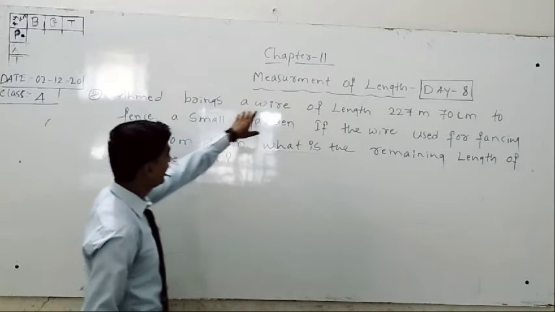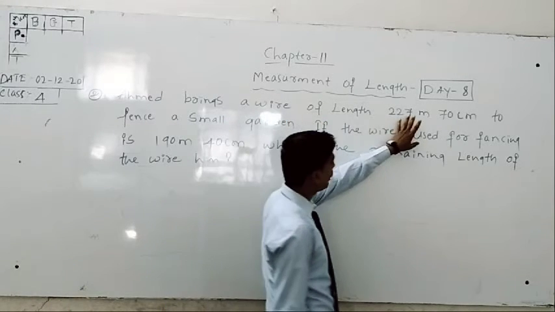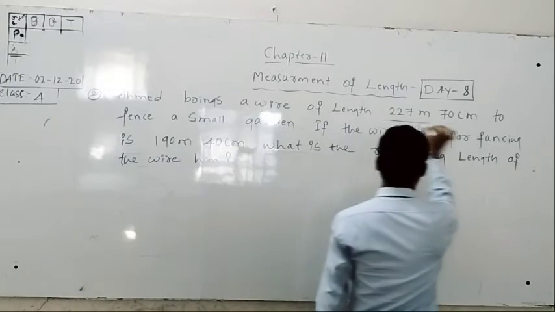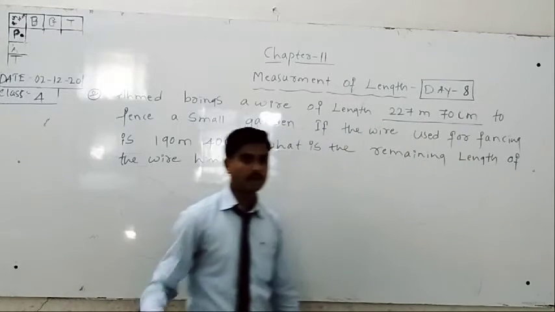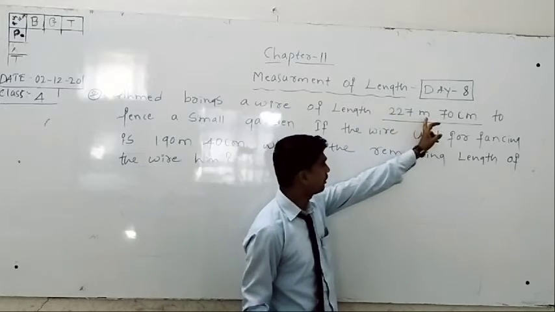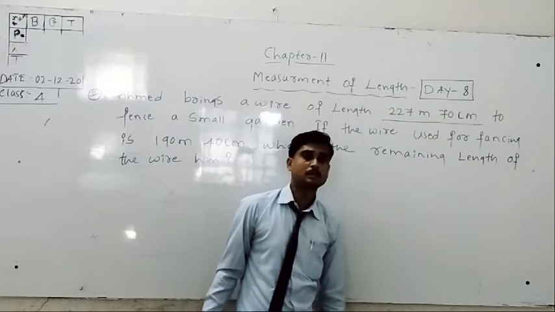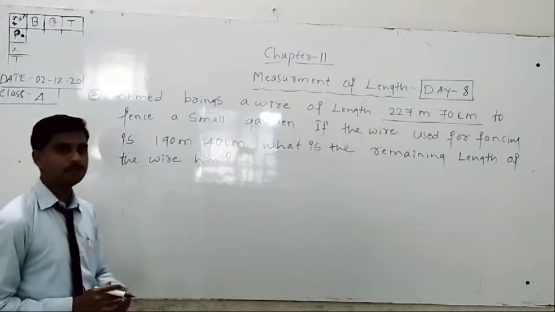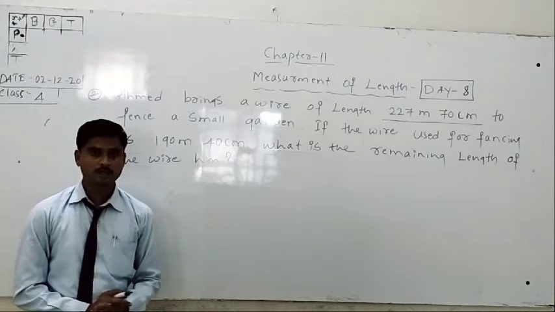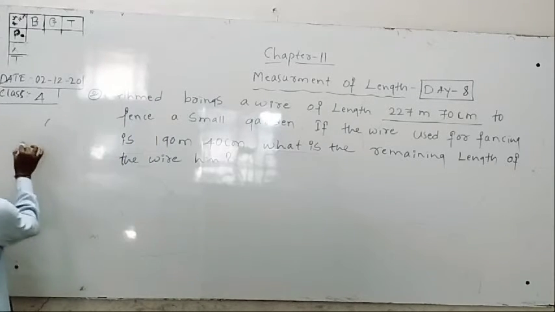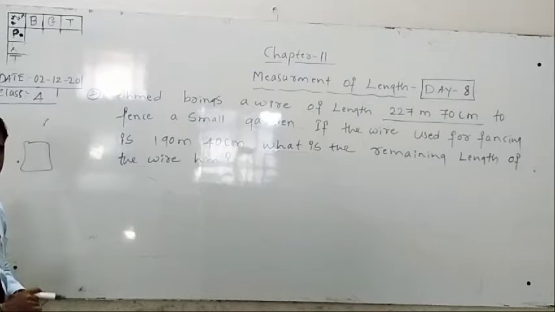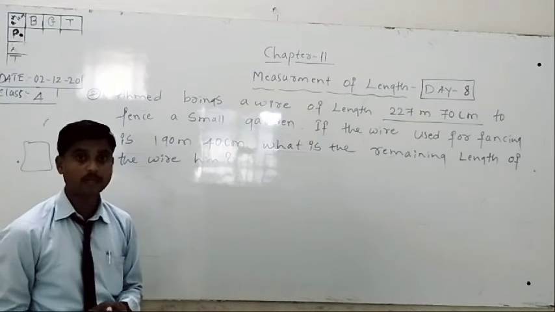Ahmad brings a wire of length 227 meter and 70 centimeter. Ahmad went to a shop and he brings 227 meter and 70 centimeter of wire to fence. Fence means one garden is there. That garden needs to be protected.